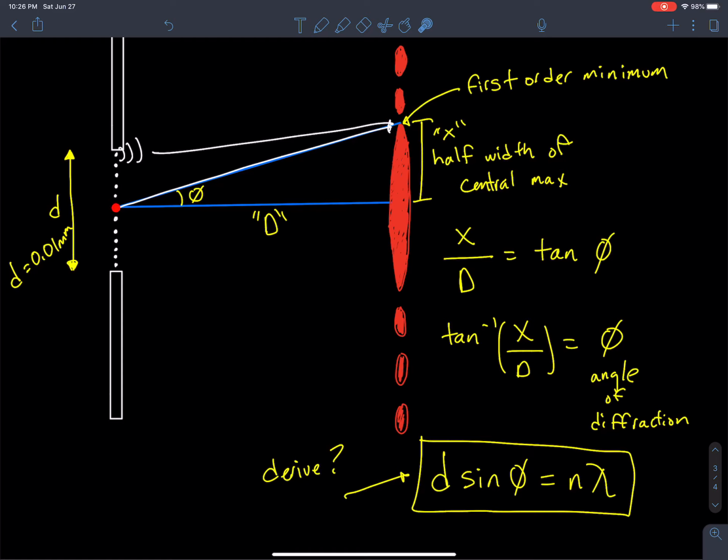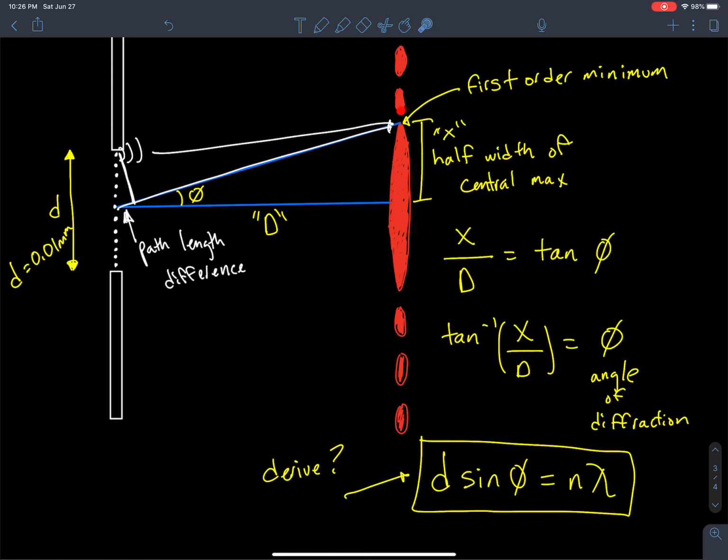So if I'm taking a look at that wavelet forming a wave and going over here, and that wavelet forming a wave and going over here, in order to get destructive interference, the path length difference, if I draw this line over here where they would intersect, this extra bit right over here is my path length difference.